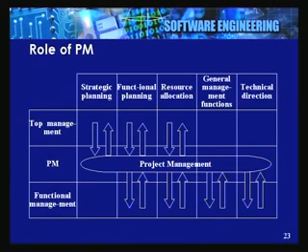These are the people who really hold resources, and hopefully according to the directions of the top management, they cooperate with the project manager. So, functional planning, resource allocation, and then you have general management functions and the technical directions, and all these activities require continuous interaction on the part of the manager.